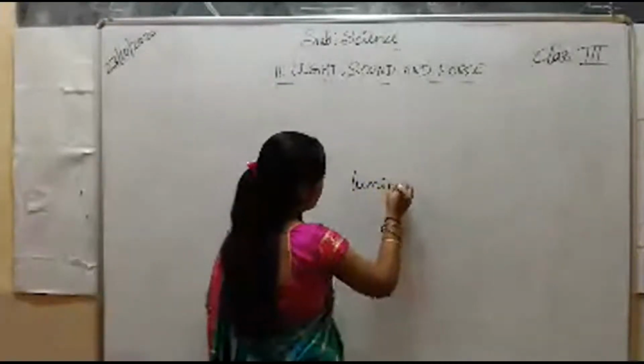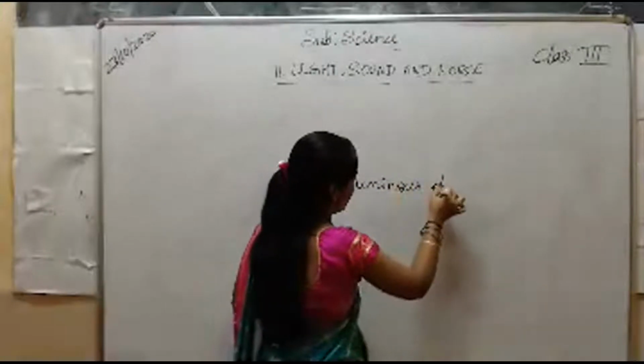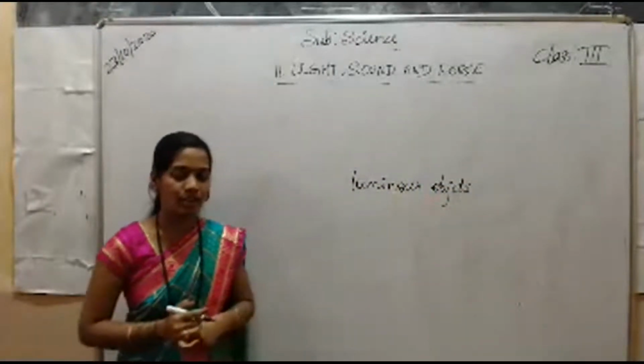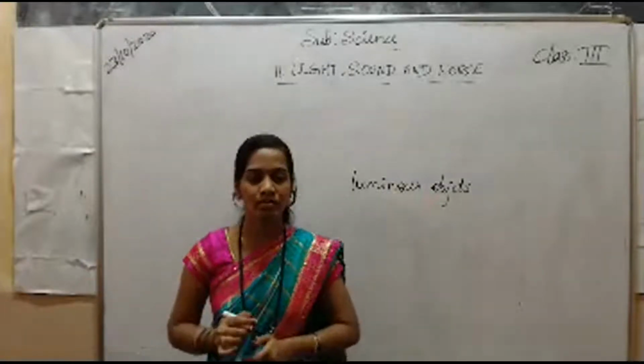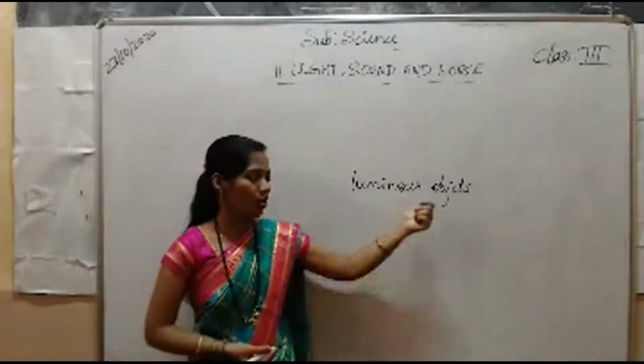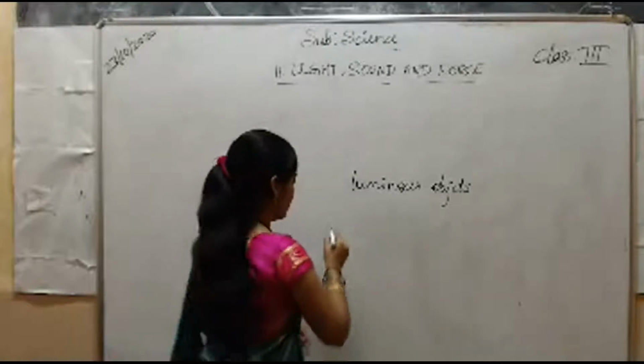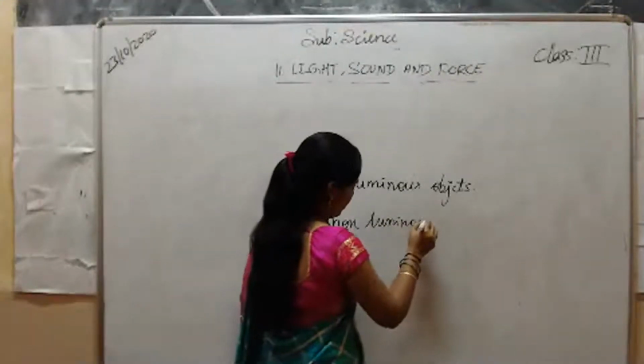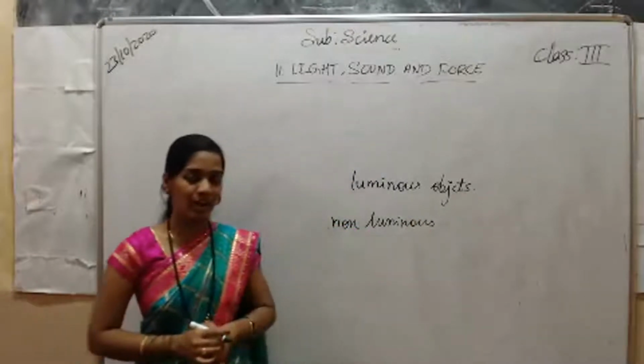Luminous objects means the objects which give out light, those objects we call luminous objects. Non-luminous objects means the objects which cannot give out light.